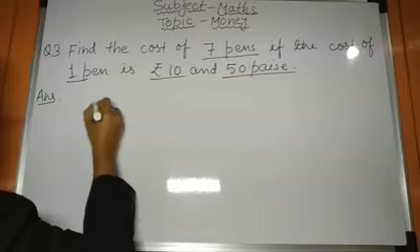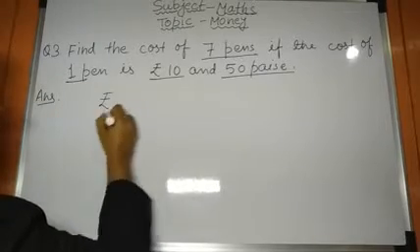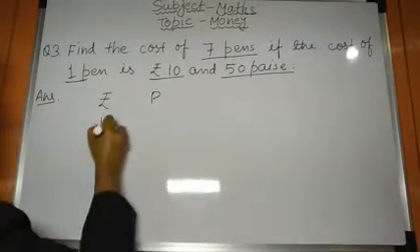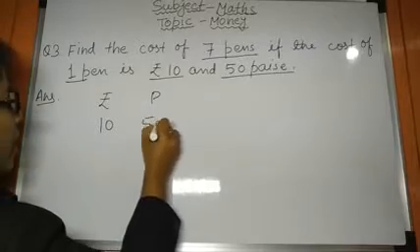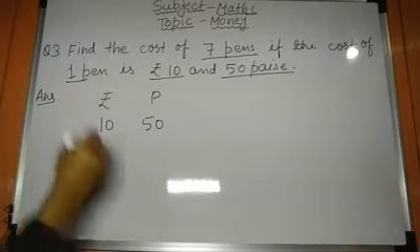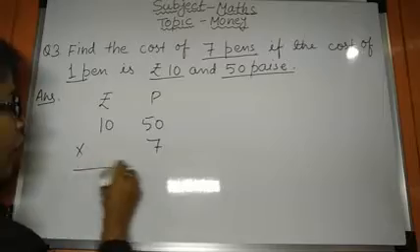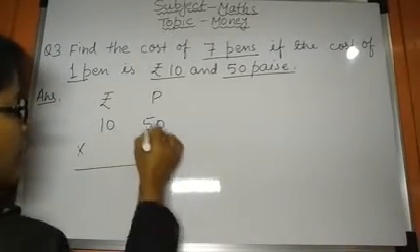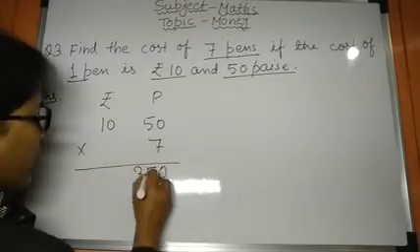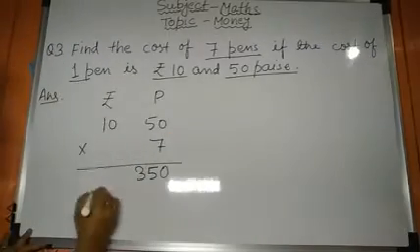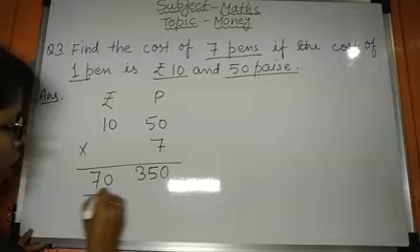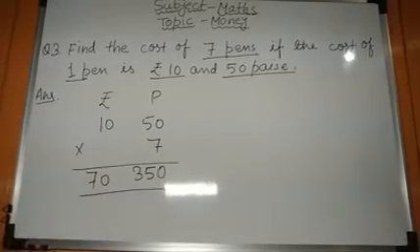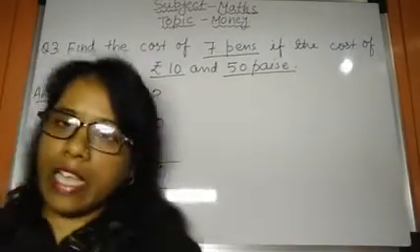First of all we will write the cost of 1 pen, rupees and paise, 10 and 50. Now we have to multiply it by 7 to find the cost of 7 pens. So 7 fives are 35, 350, and here 7 tens are 70. So rupees 70 and 350 paise.